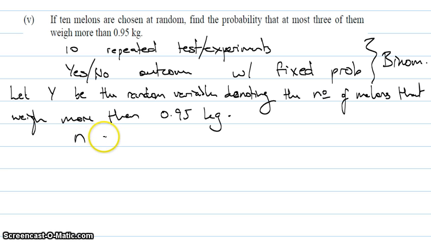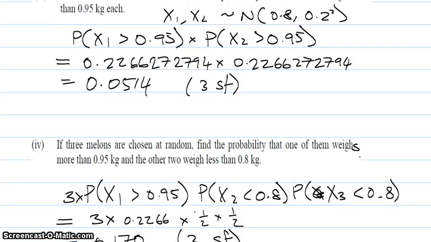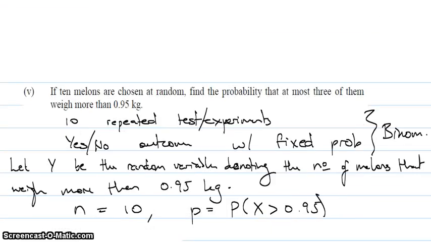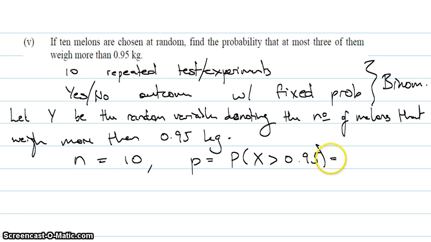Then our number of trials is 10. The probability of success is the probability that x is bigger than 0.95, which I think we worked out up here, right? X bigger than 0.95 was 0.226627. So this is equal to 0.2266.